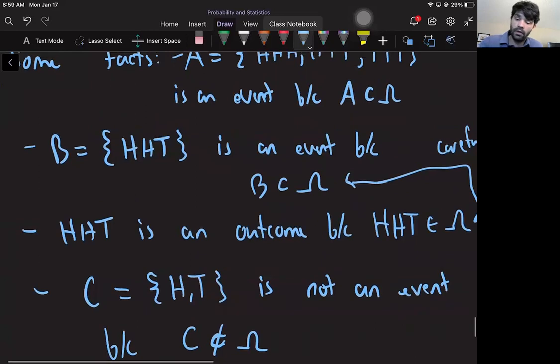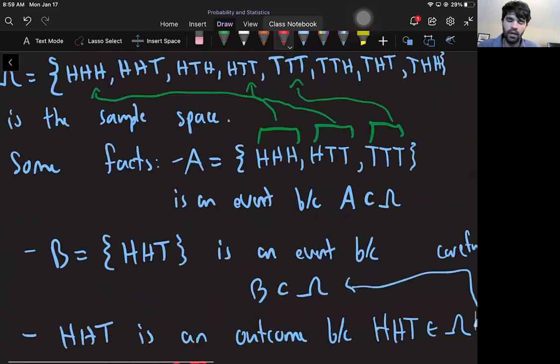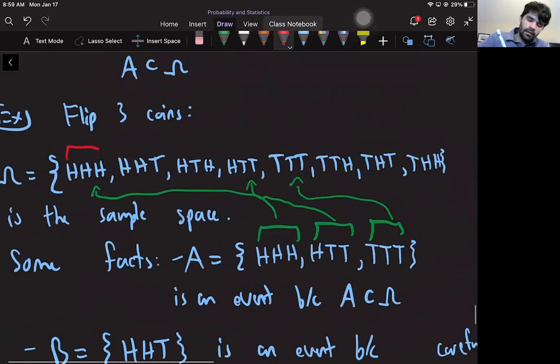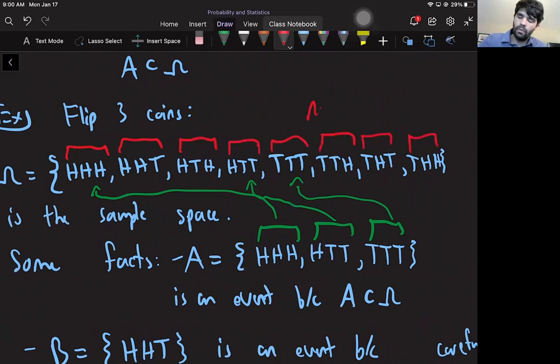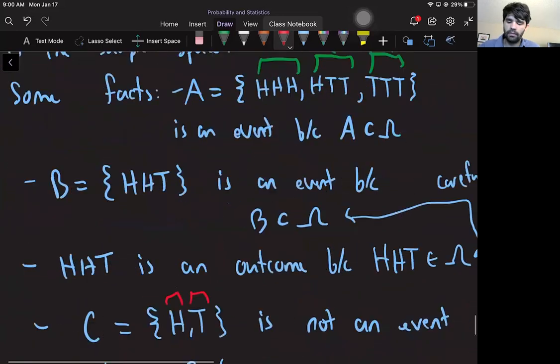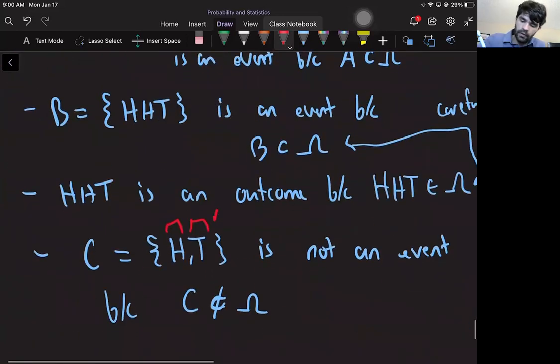And that's because if you look in this set, you see there's an H and there's a T, those are the 2 elements. Those are the 2 outcomes. Neither of those 2 things are in omega. None of these things are exactly H or T. They have more than one H and T, they're not H or T alone. So none of these are in omega.